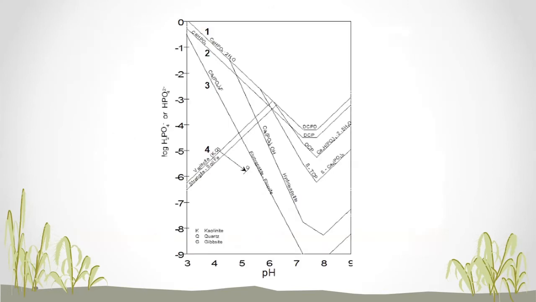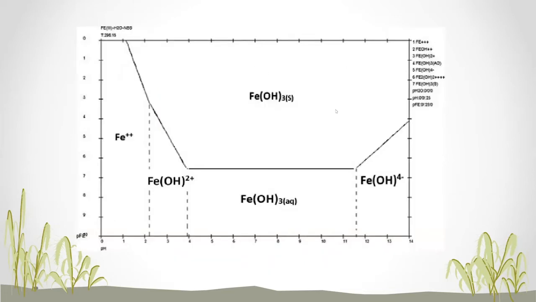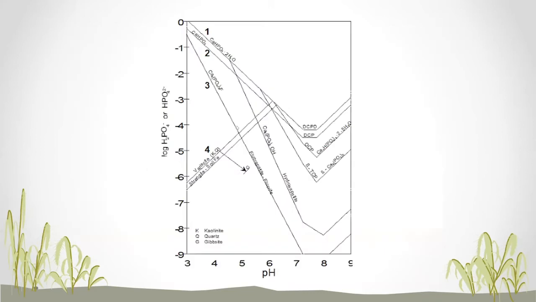If you take a look at phosphorus, phosphorus is one that we deal with all the time in terms of availability in our higher pH soils. And this is very similar to the graph here, except it's a little bit more complex because there's more solid forms showing up. But the same principle applies. These lines show the decrease in available phosphorus as we get increasing pH, because it begins to precipitate into solid forms.